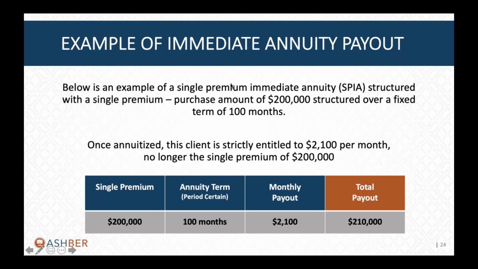So instead of the annuity being a lump sum of cash that we can actually work with from a Medicaid planning perspective, it's strictly going to be considered income because there is no surrender schedule or surrender value from the annuity policy.